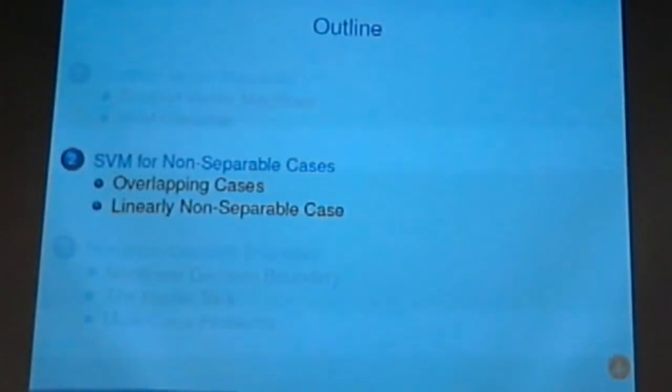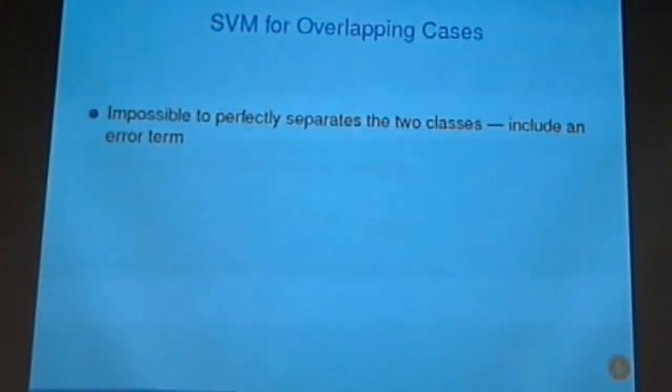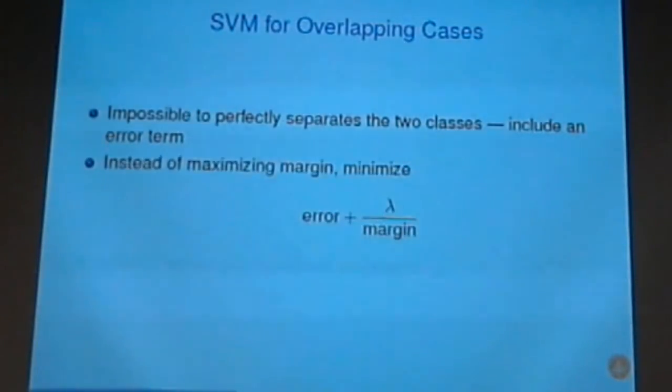Now, let's not jump into the nonlinear case yet, but first go to a more relaxed situation where you have overlapping classes, not completely separable classes. Of course, perfect separation is impossible because of these non-separable problems. So we simply include this error term: instead of only maximizing the margin, you minimize this error plus lambda over margin.